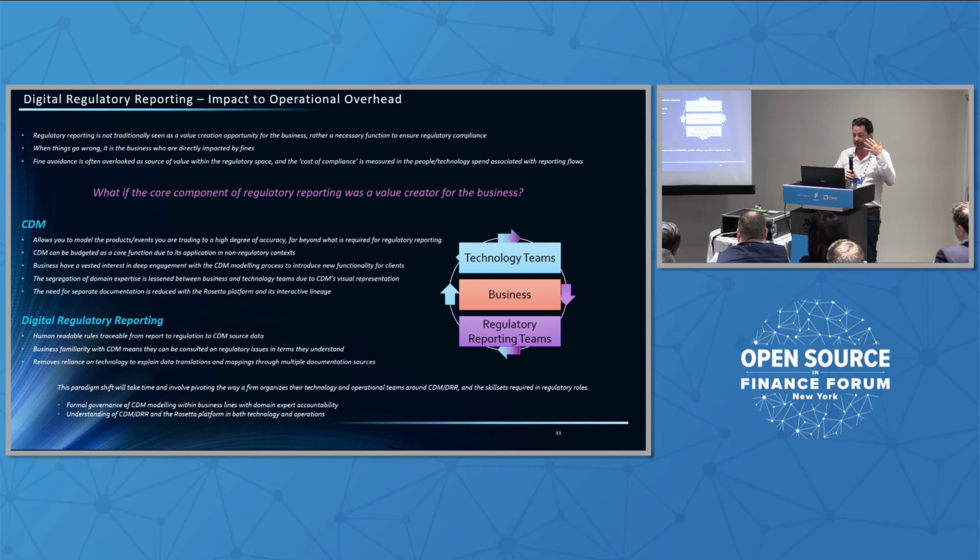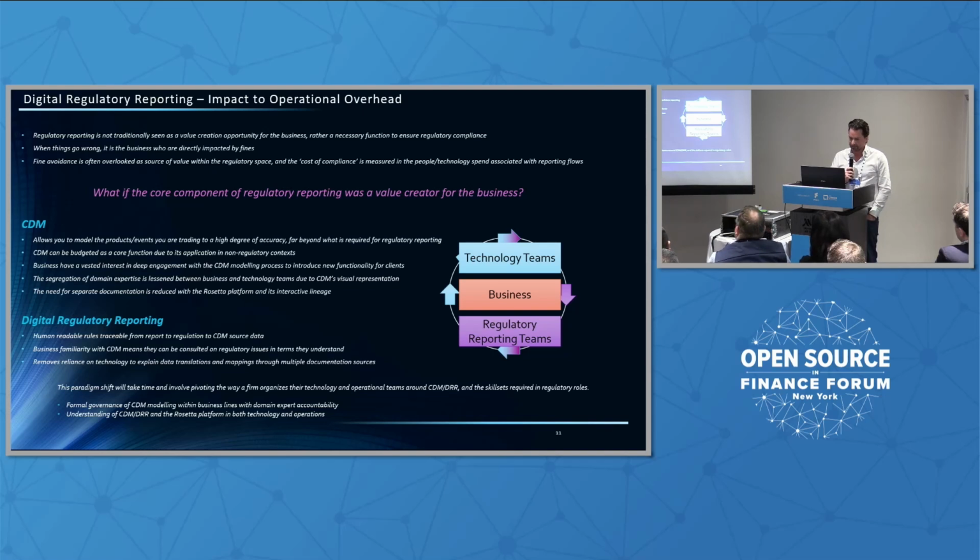It's a new way of interacting with rules, much better than templates and CSVs, and it's a new visual interaction, which is actually very refreshing. That's one of the first things you notice about using the Rosetta platform: this is a cool way of understanding how data gets from A to B, what journey it goes through. And there's a lot going on with Rosetta, which I'd recommend you take a look at.